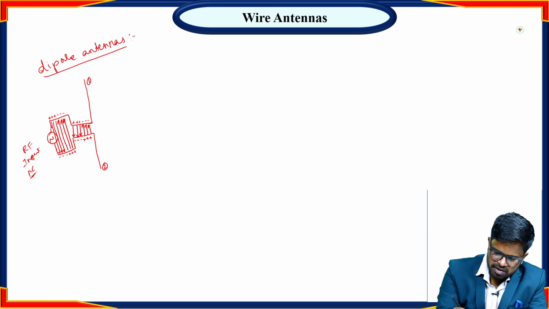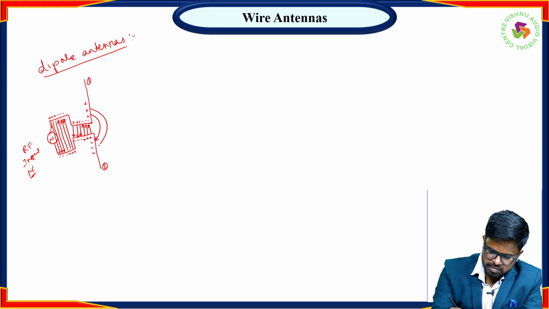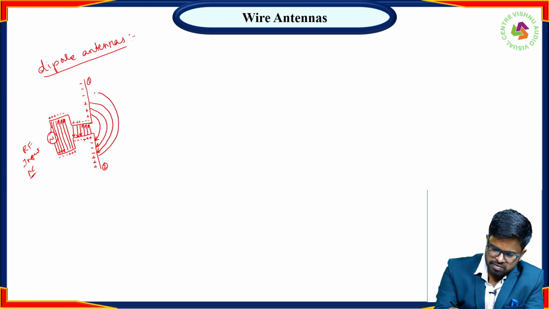And when they reach the flaring part, what happens? The same positive charge will once again distribute here, and the same negative charge will distribute here. Then here, electric field lines go from positive to negative. Once again the same thing will repeat. The electric field lines will be produced from positive to negative.